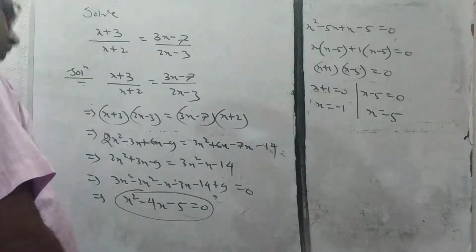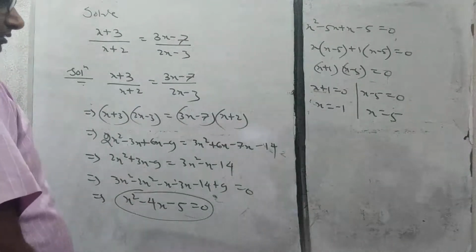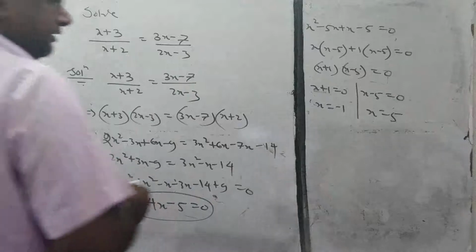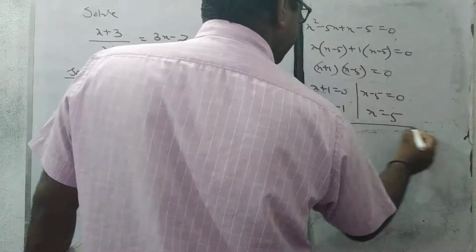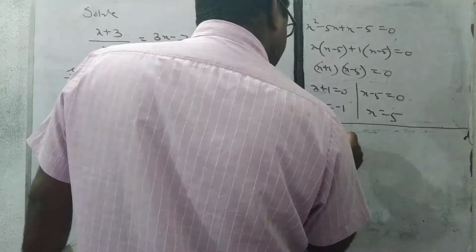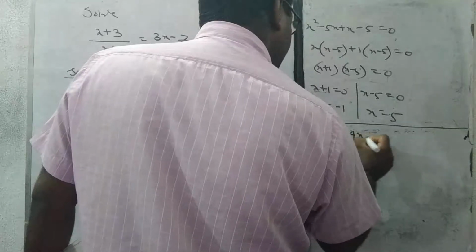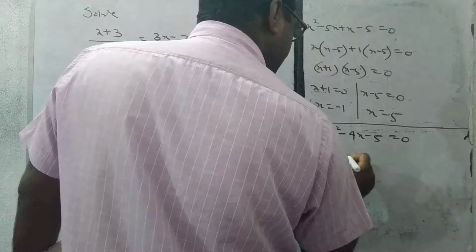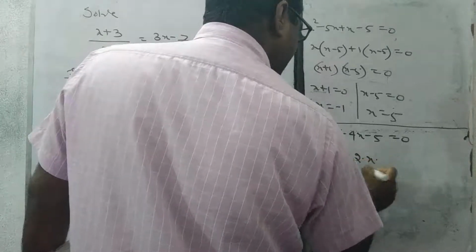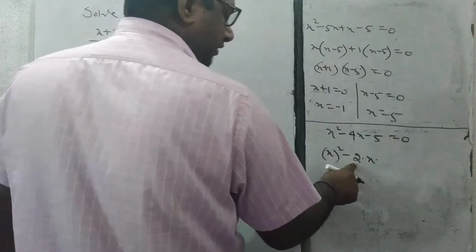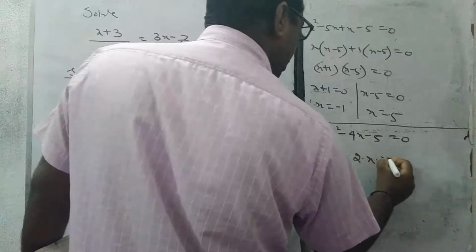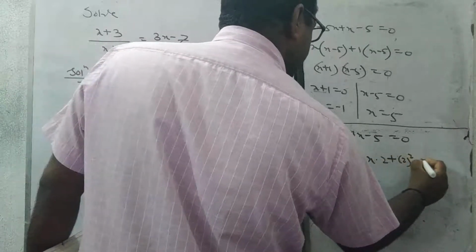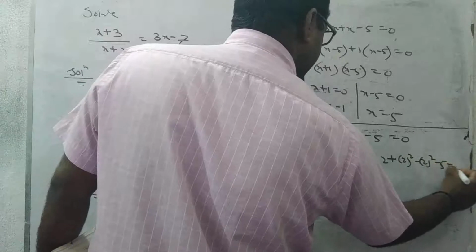If you want to solve by the completing the square method, how can you proceed? x square minus 4x minus 5 is equal to 0, so this is x whole square minus 2 into x into 2, you must multiply by 2. So plus 2 square minus 2 square minus 5 is equal to 0.